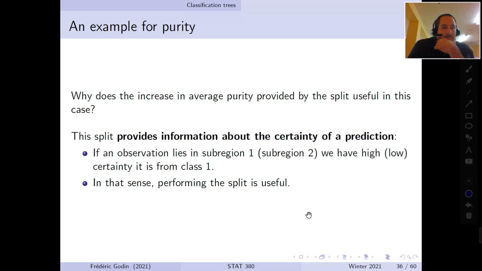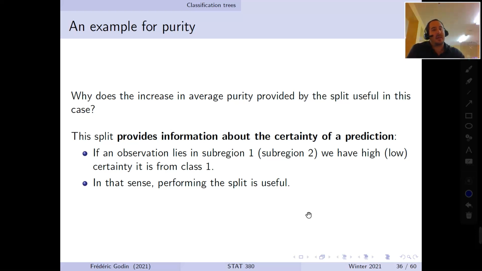Okay, so if it doesn't change predictions, why is it worth it to do that? It might still be worth it in some cases if you're interested in the uncertainty about your prediction. When you make predictions, sometimes you want a point prediction, but sometimes you're interested in the reliability or the uncertainty about your prediction.